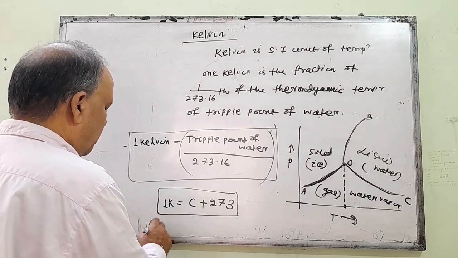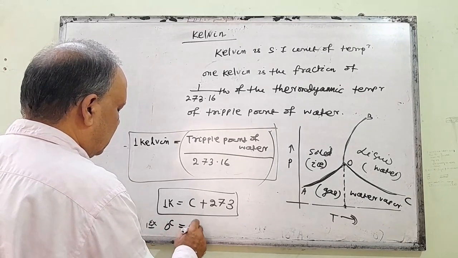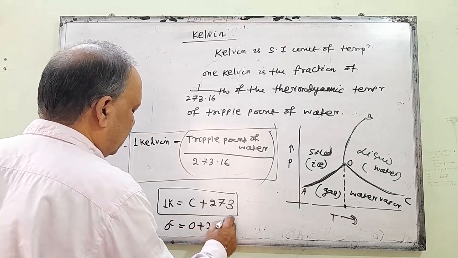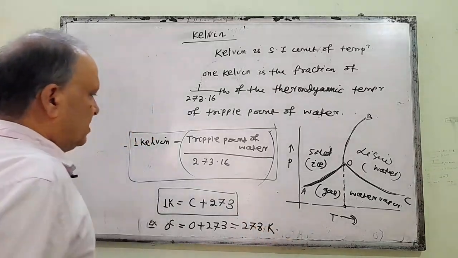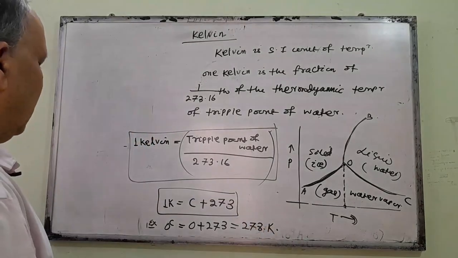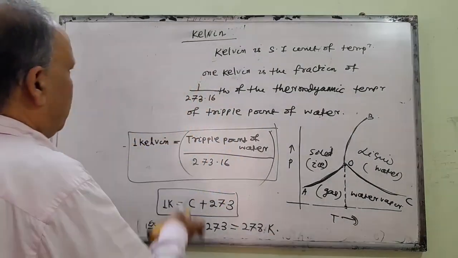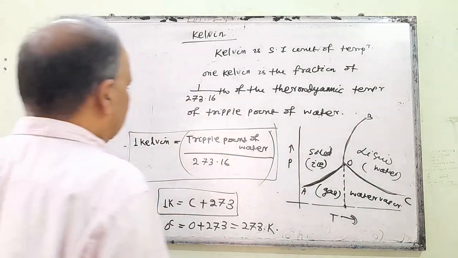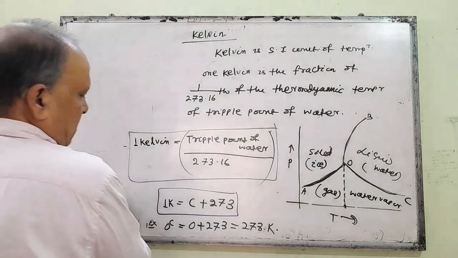For example, 0 degree Celsius means 0 plus 273, that is equal to 273 Kelvin. This is the definition of 1 Kelvin: it is the triple point of water divided by 273.16.